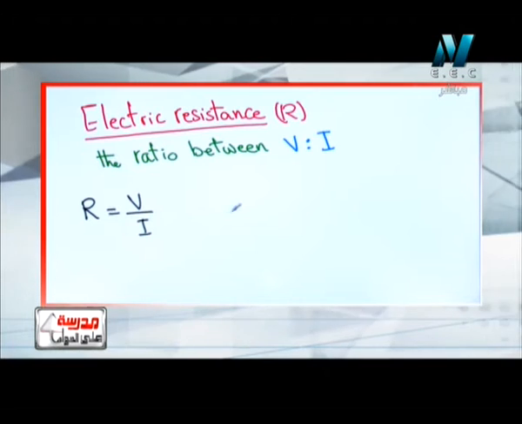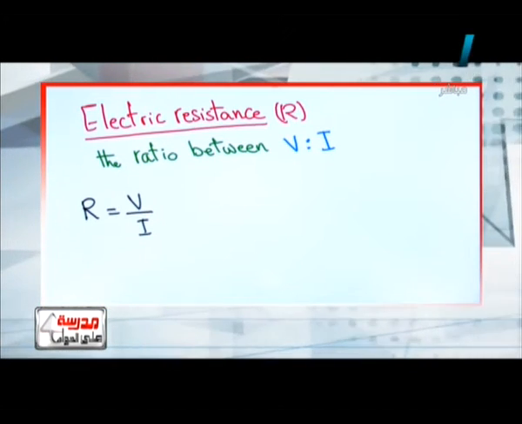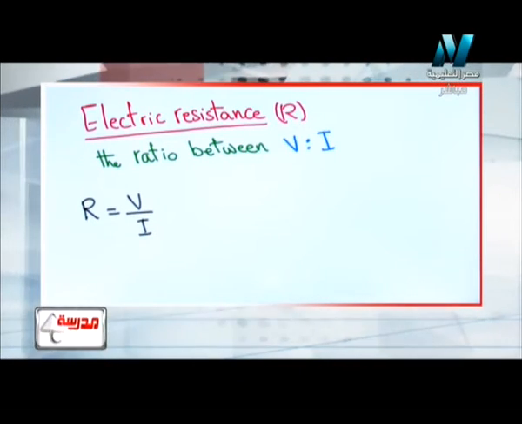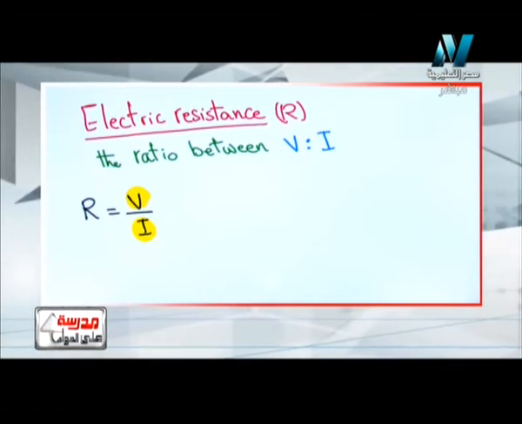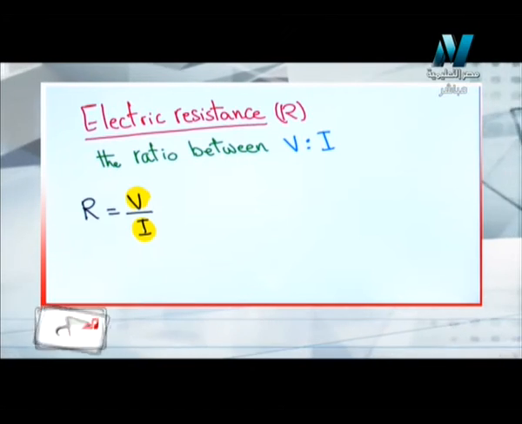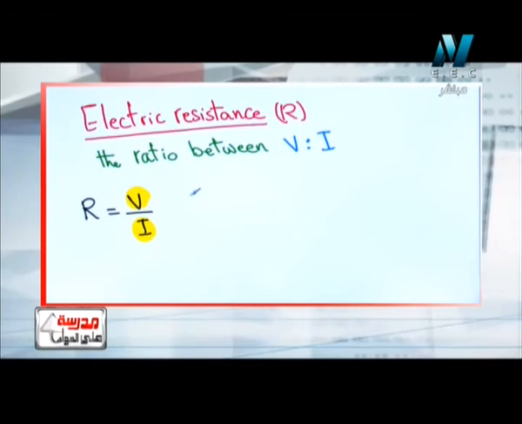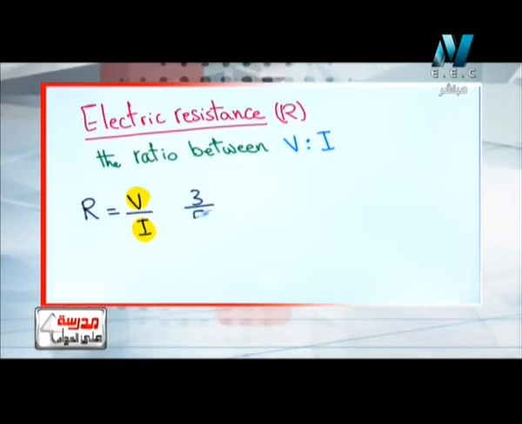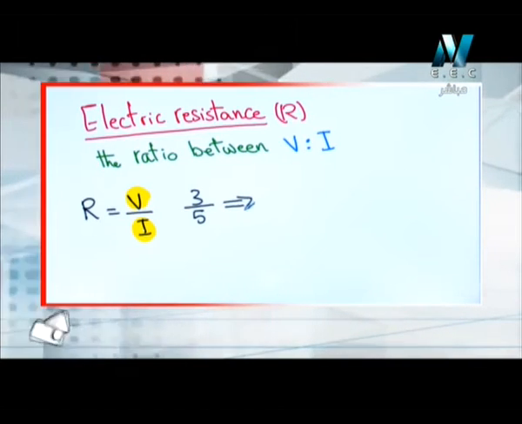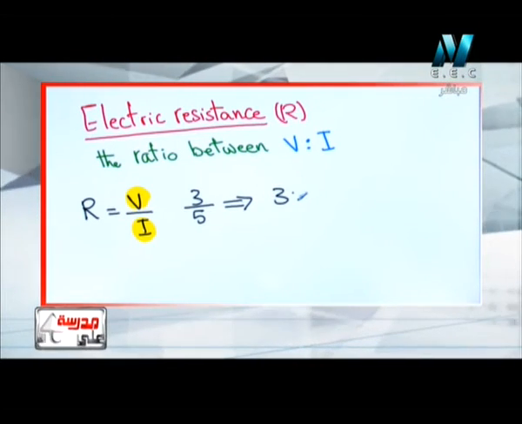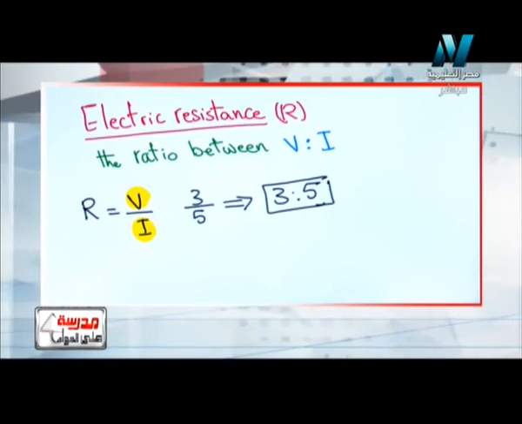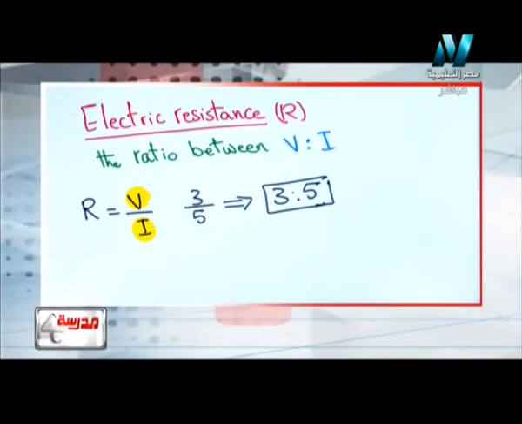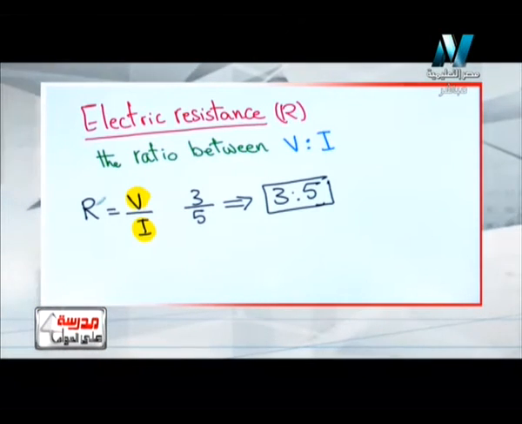So for example, if we talk about V over I only, say 3 over 5, meaning we take it as 3 to 5, right. So what is meant by the electric resistance?